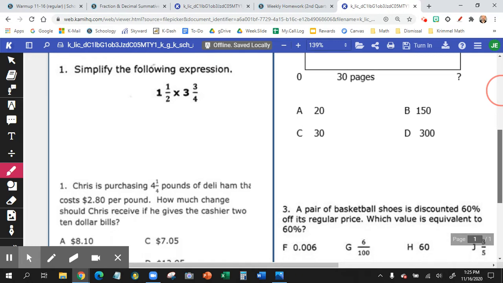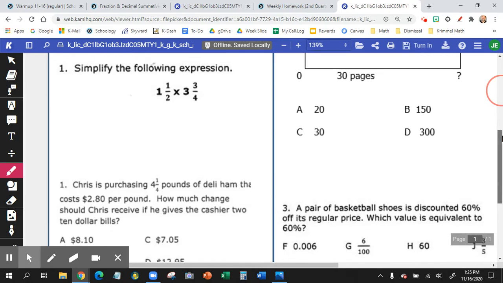Simplify the following expression. Simplify also means evaluate, and because there's multiplying in the middle, it means we're going to multiply. So first we need to regroup, and we have one whole number out here. So we're going to multiply 2 times 1 is 2, and then we're going to add that into the numerator.